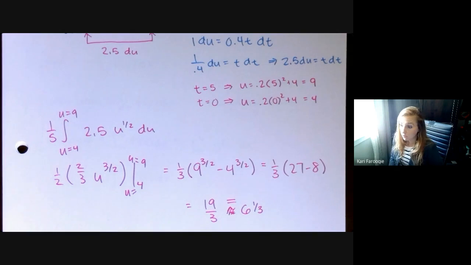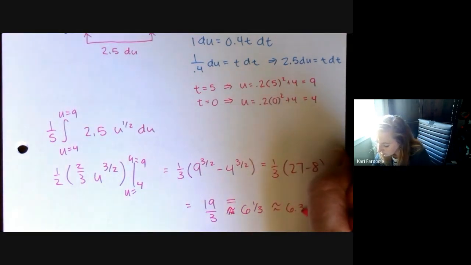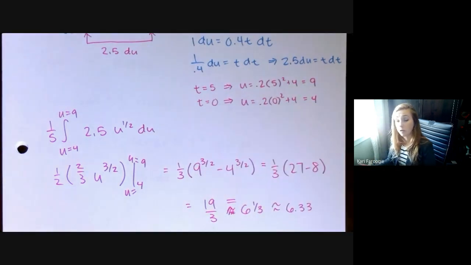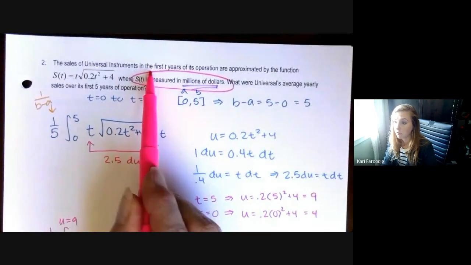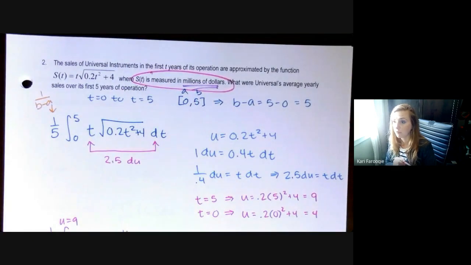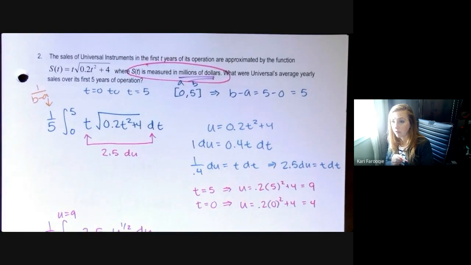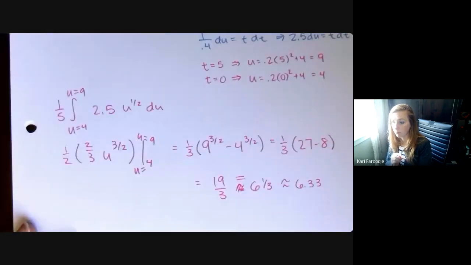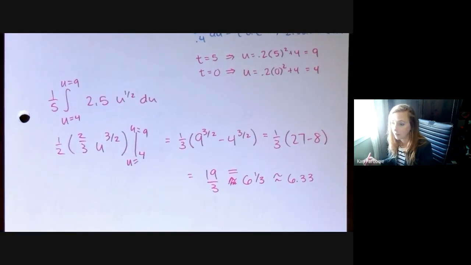We also need a unit. So I can say that 6 1/3 is approximately 6.33, and then my unit here is millions of dollars. So I'm going to go ahead and say that the average yearly sales were, in millions of dollars, over its first 5 years of operation.